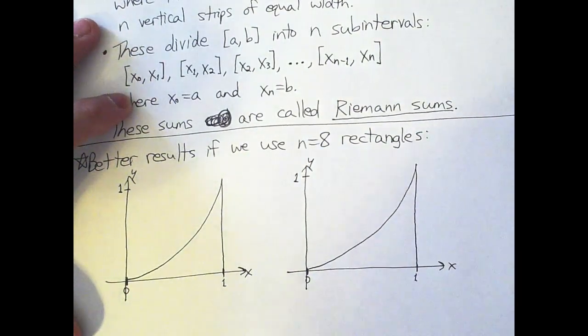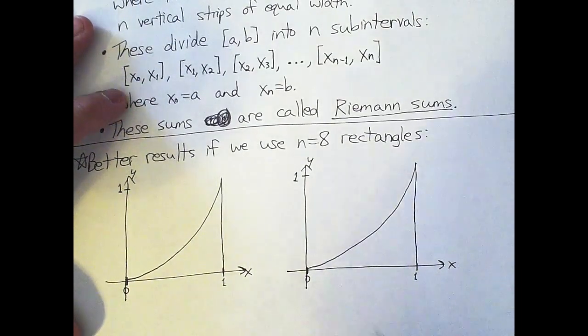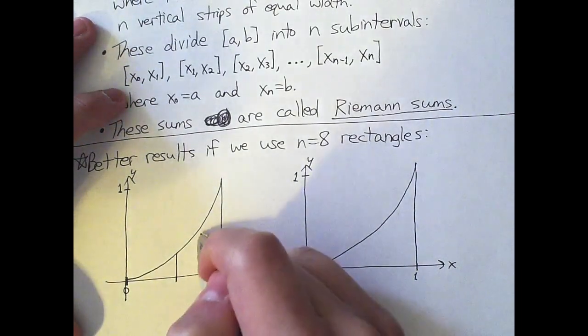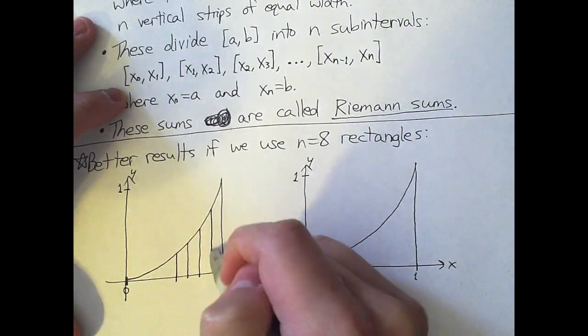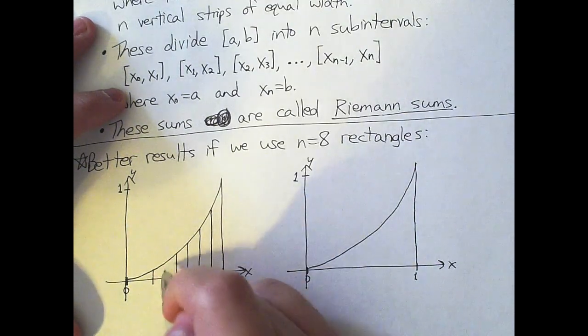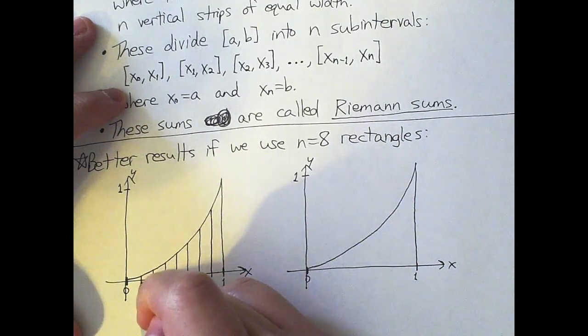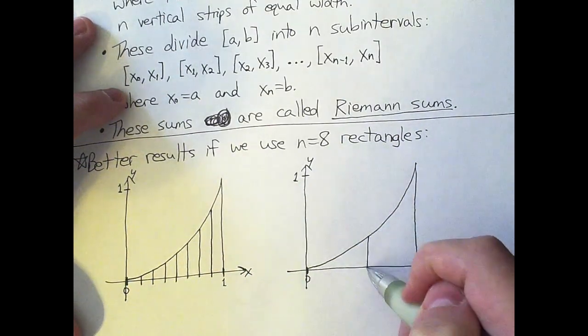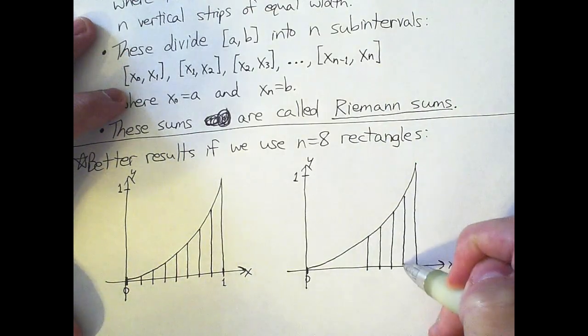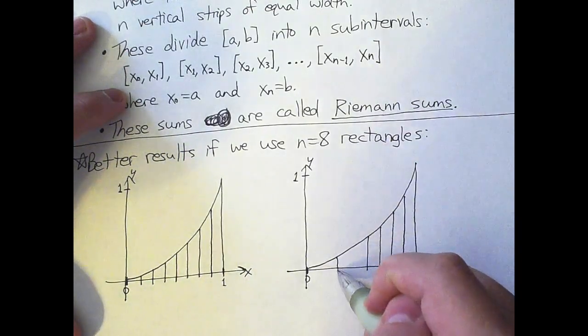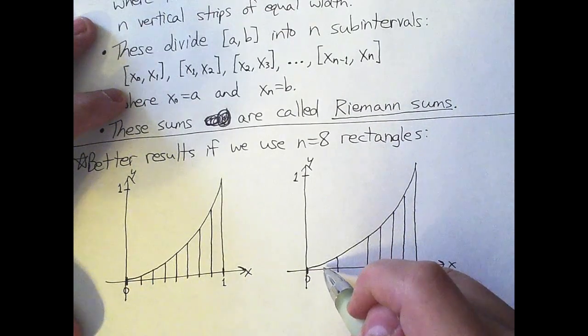All right, so what would this look like if we tried to slice this up into 8 vertical strips of equal width? Look like that. I'm going to do it again over here. So you can see that each one of these would have a width of 1/8.